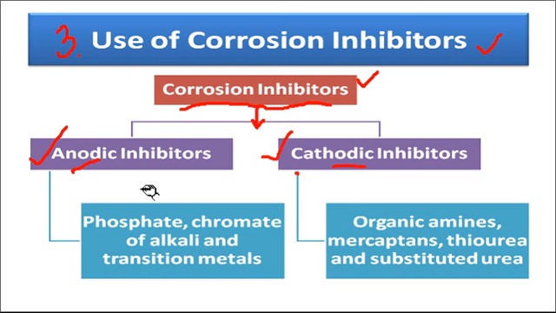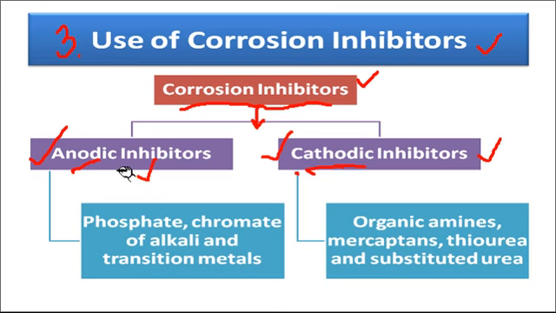Anodic inhibitors are those chemical substances which retard the anodic reaction, that means which decrease the rate of anodic reaction, while cathodic inhibitors are those chemicals which decrease the rate of cathodic reaction.